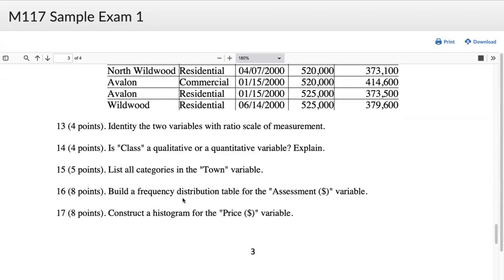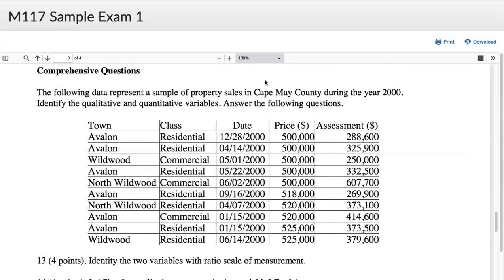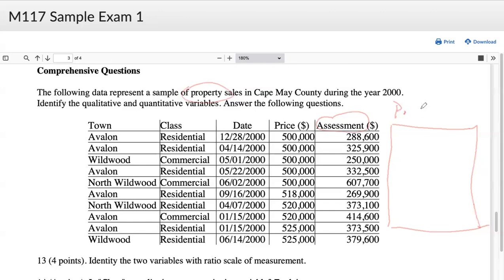16, build a frequency distribution table for the assessment variable, right? So build a frequency distribution. Remember, tables start with a title, right? Maybe, because this is property, Property sales assessment. Right? Just give it a name.